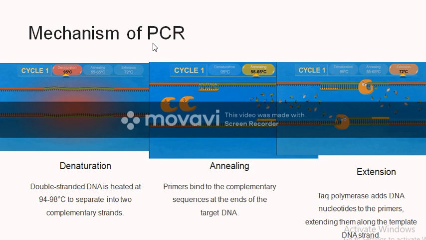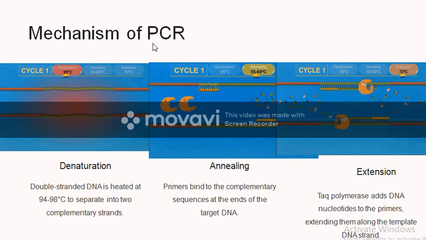The temperature drops from the 95 degrees Celsius of denaturation to 55 to 65 degrees Celsius, and the primer binds to the DNA strand. Once it binds there, it makes itself ready for the extension process. Both the forward primer and the reverse primer will bind. The forward primer binds in the 5' to 3' direction. The other one is the reverse primer, which is 3' to 5'.